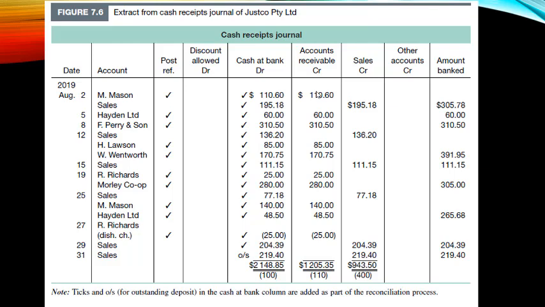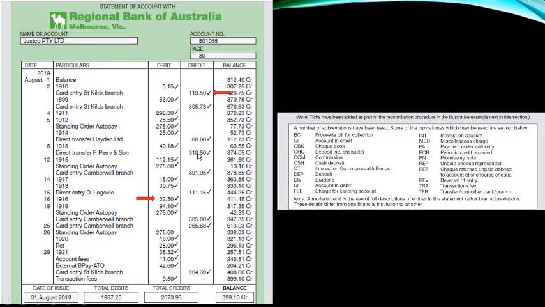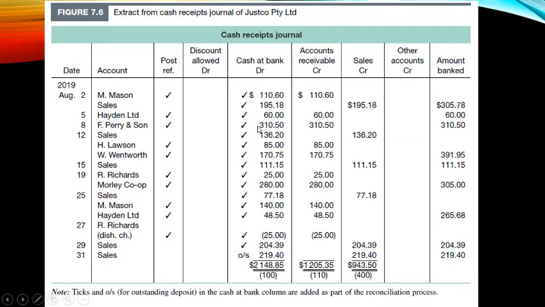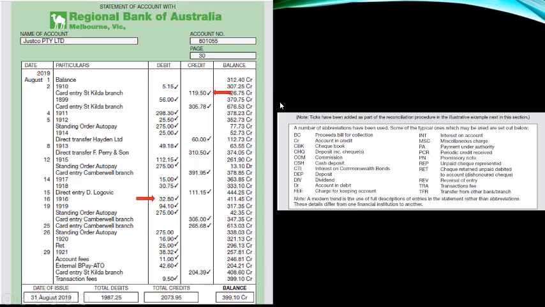Another example here is $310.50. You can see it here. Sometimes deposits can be made combined. If you go back here, you see this $110.60 and then $195.18. If you combine these, that will be $305.78.